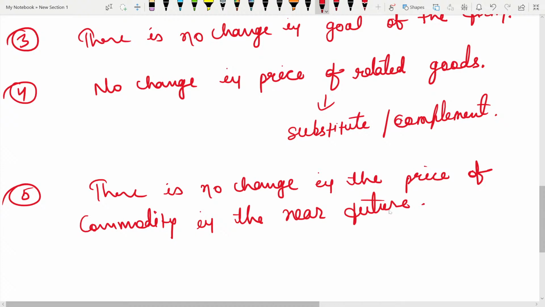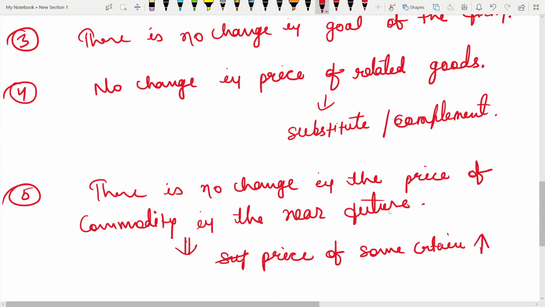What will be the impact if this kind of rumor is spreading in the group? Someone is saying that the price of some certain commodity may increase in the near future.